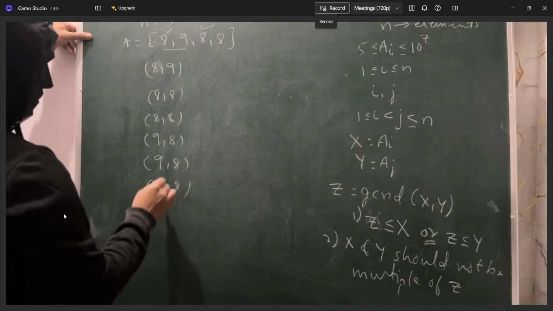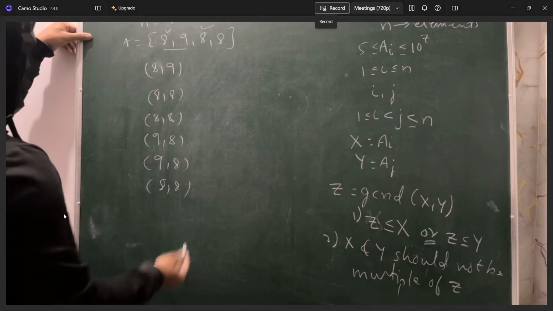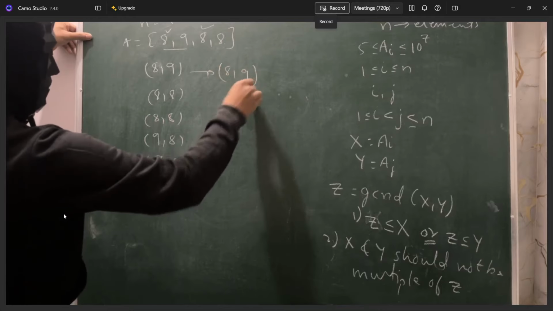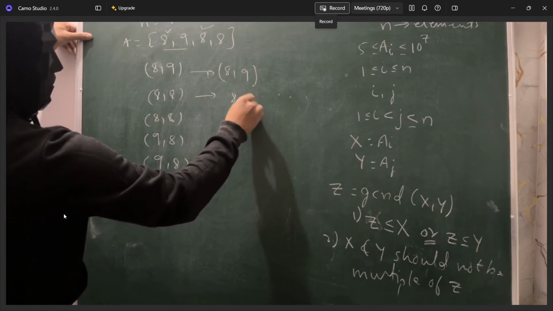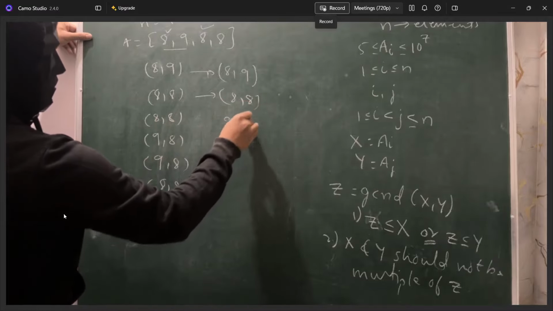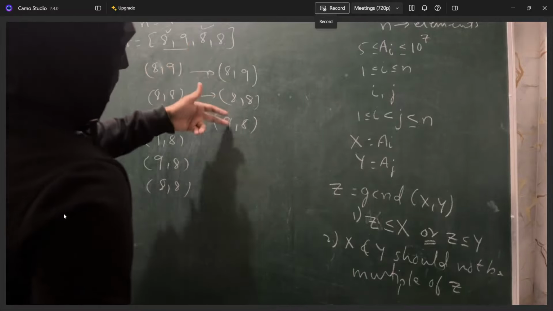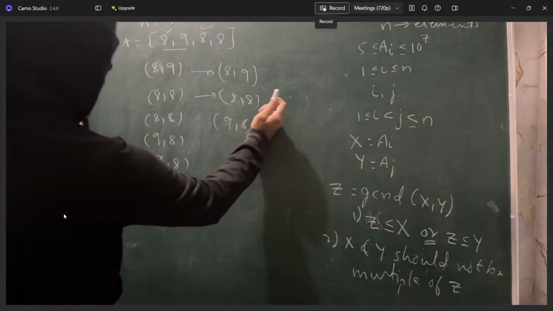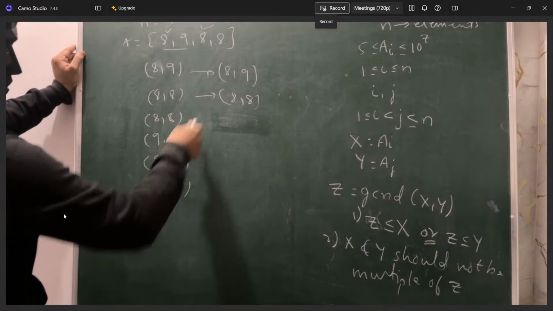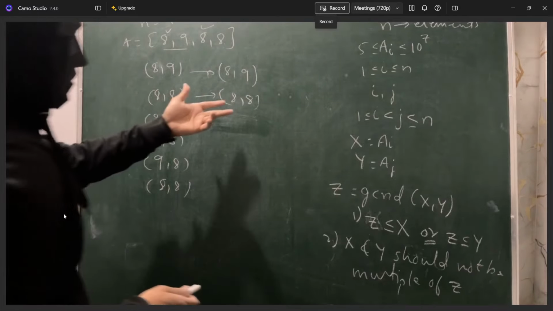So how many different pairs have you got? 8, 9 is one of the pairs. The second pair is 8, 8; 8, 8 is the same only. 9, 8 is also a different pair you find, but the GCD of these two will be the same, right? So you will not be considering this. And then 9, 8 we have already taken, so 8, 9. So 2 pairs effectively you have got.